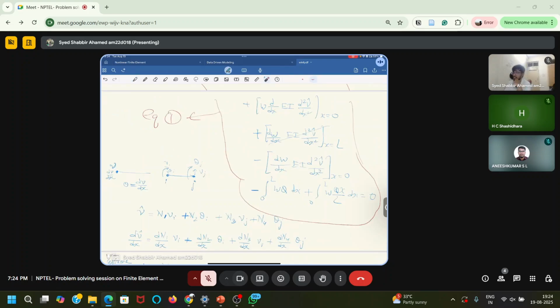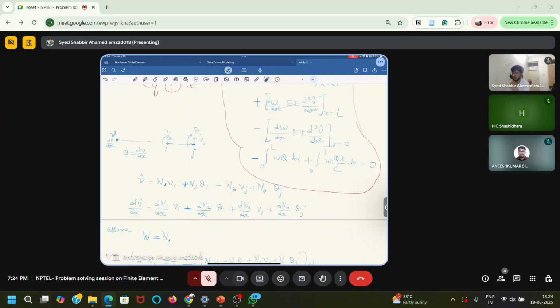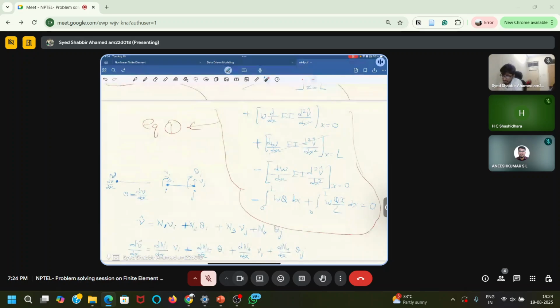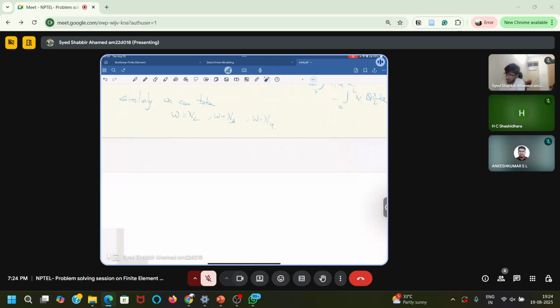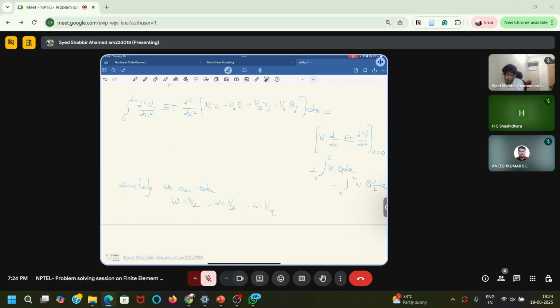If you take W is equal to N3, then these two terms both will be 0 and you will be left with this only. We will see how that will be done. I am not doing it now, I am just writing it here.